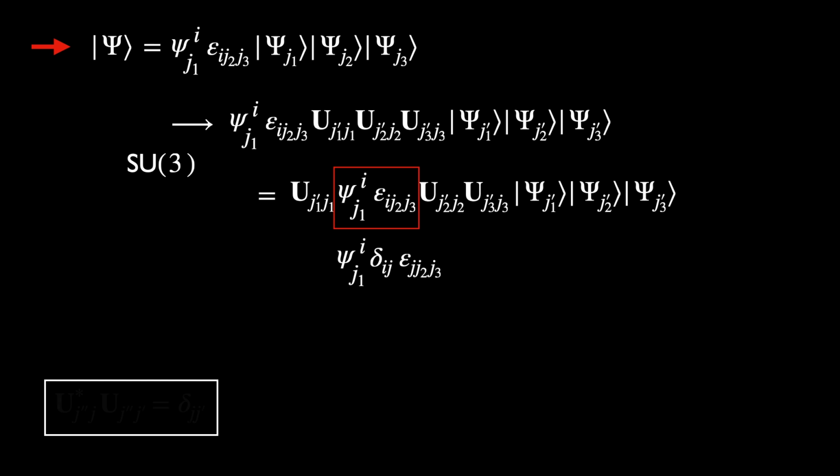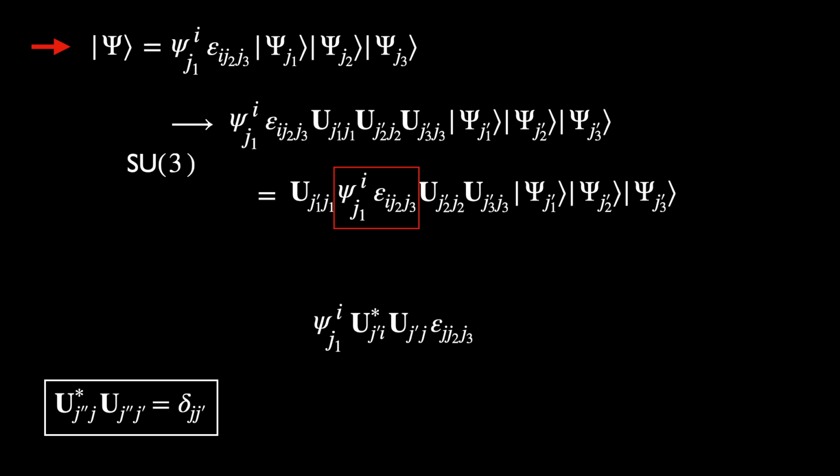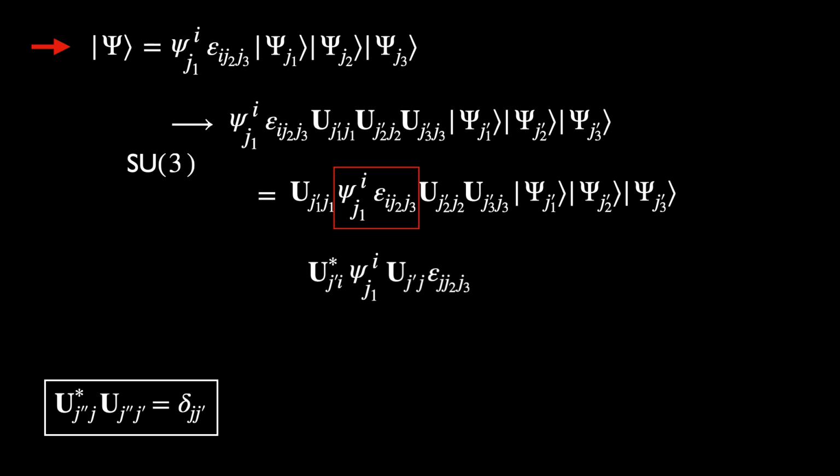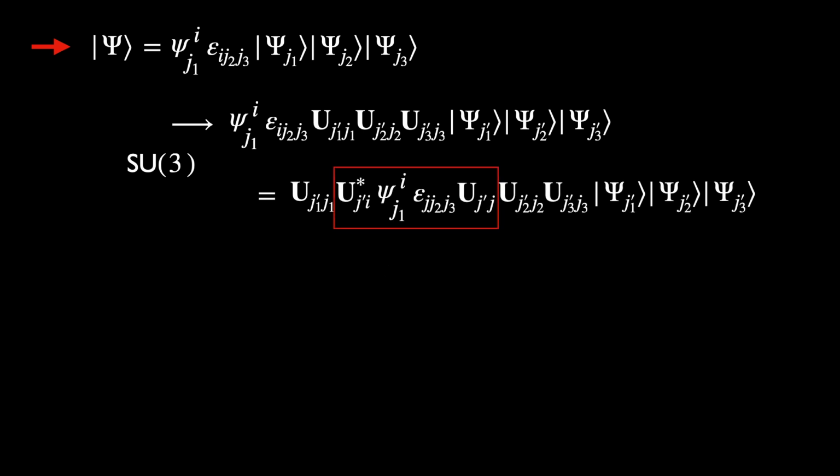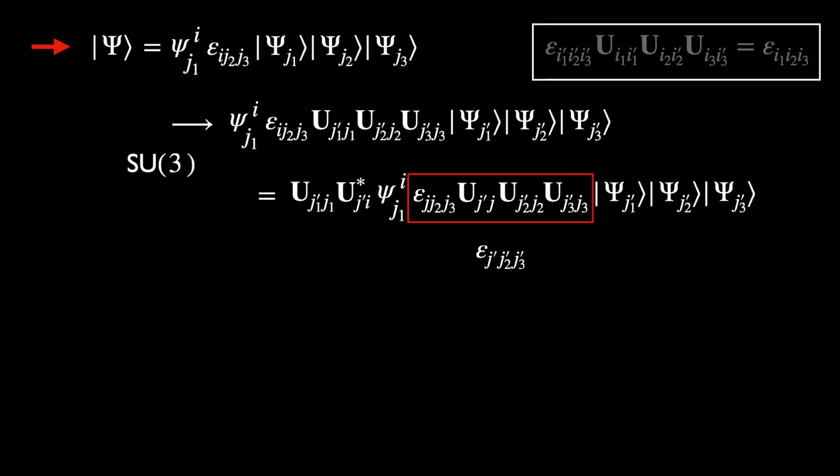By unitarity, this delta can be broken down into U and U star. Here we can apply the invariance of epsilon. Check that the three indices are j1', j2', and j3'.